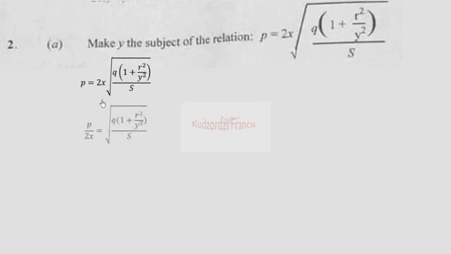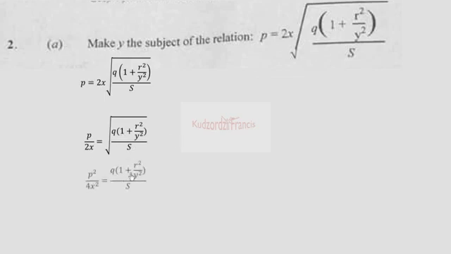So let's divide both sides by 2x, and now we can square both sides. When you square both sides, p squared will give you p squared, and 2x squared will give you 4x squared. Now because we want to get y squared as the subject, let's multiply both sides by s over q to get rid of this.